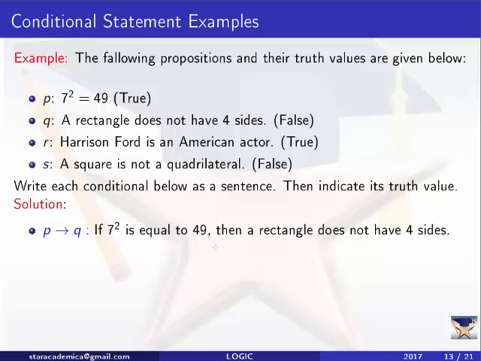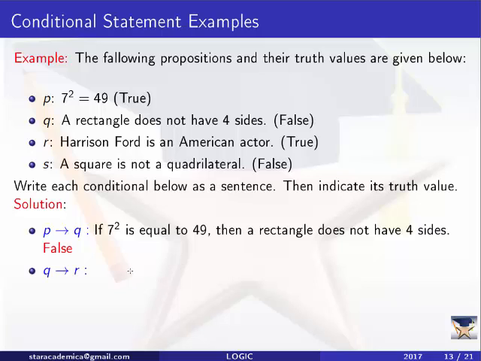Since we have a conditional statement here, true implies false is false, otherwise true. P is true, and a rectangle does not have 4 sides is false. True implies false is false, right? Here we go. It's false.